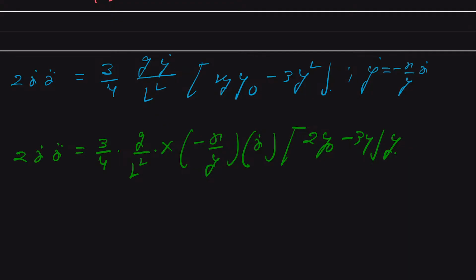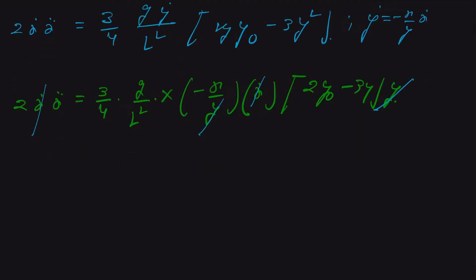So here this x dot cancels out, this y goes with y, and the rest we can just keep as it is.